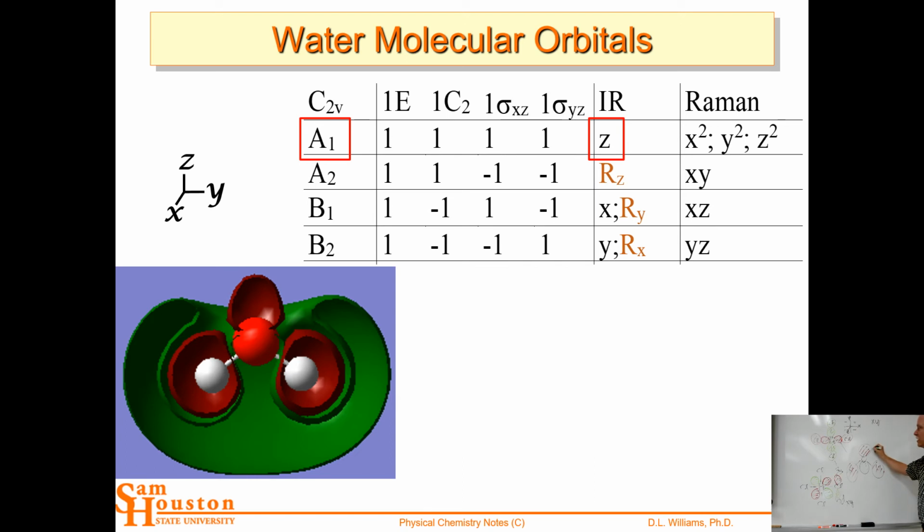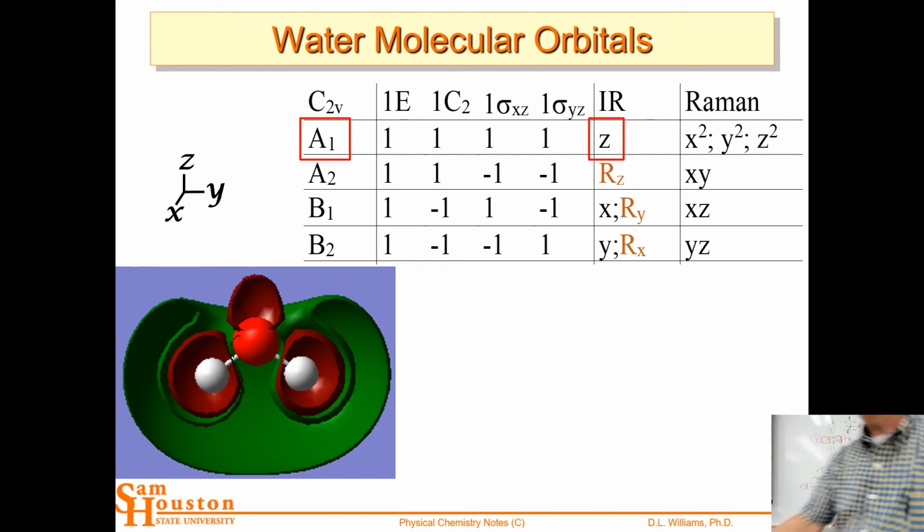So that's the 2pZ on the oxygen and the 1s on each of the hydrogens. So these are the atomic orbitals that go into that crazy shape.